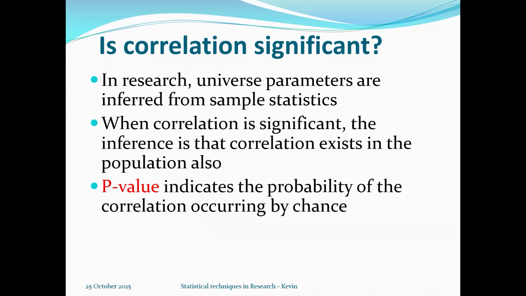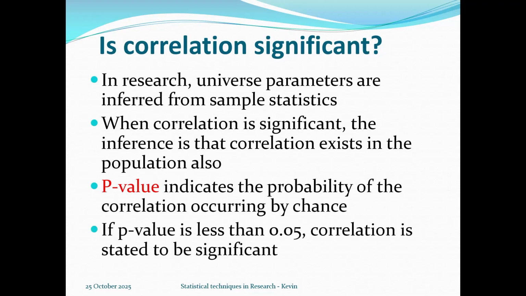So when the p-value is less, that means the chance of the correlation occurring by chance is less. That means it is a real correlation. See, if p-value is less than 0.05, this is our cutoff point. In social science, our cutoff is 5%, you know that.